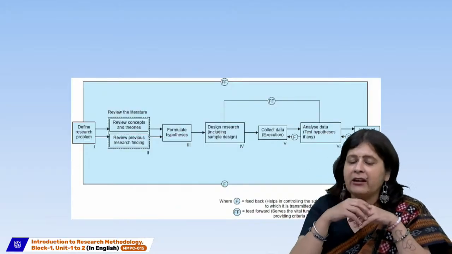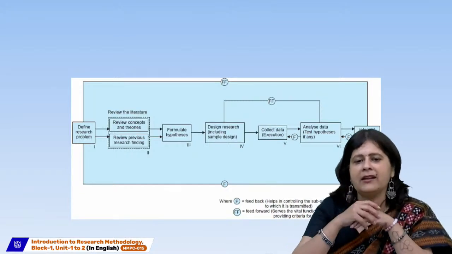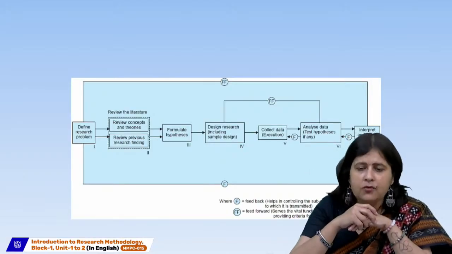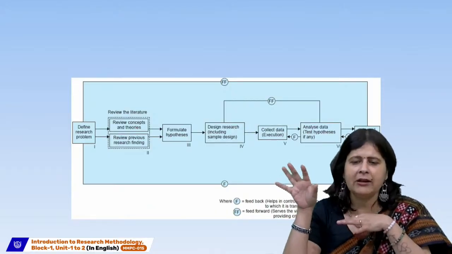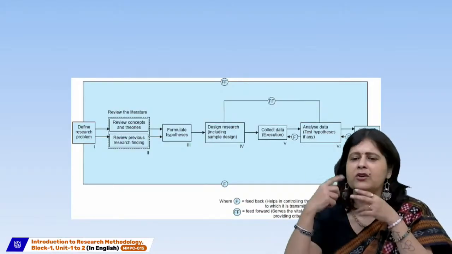Then comes collecting the data: what instruments will you use to collect the data? There are many instruments, which we will discuss later on: the interview, observation method, or questionnaires, right.